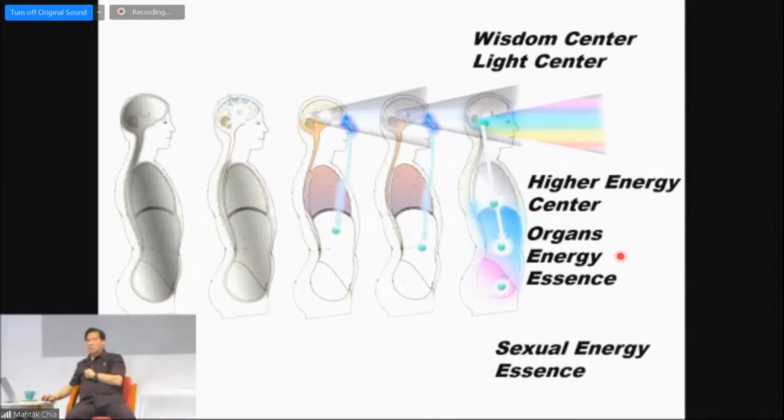Otherwise, our organs live in a very dirty space. The same thing, people are sick and dying because the environment is so dirty.